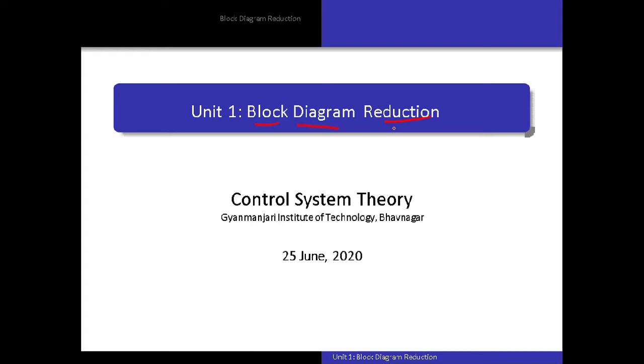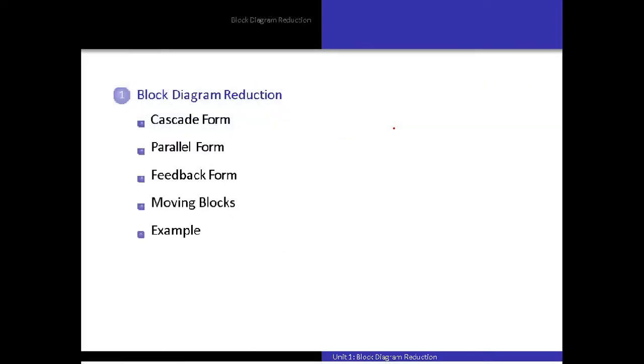Now by arranging these blocks in a proper sequence, it is easy to show the interconnection of the system components to form a system. It shows the cause and effect relation existing between the input and output of any system. So let us start with the contents that we are going to discuss.